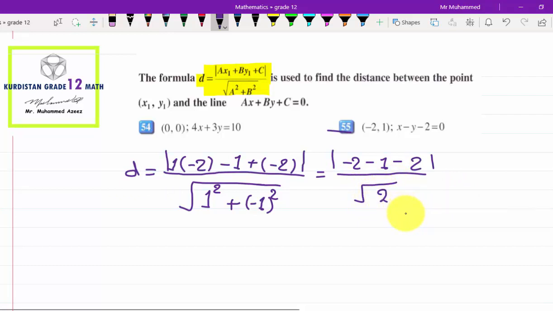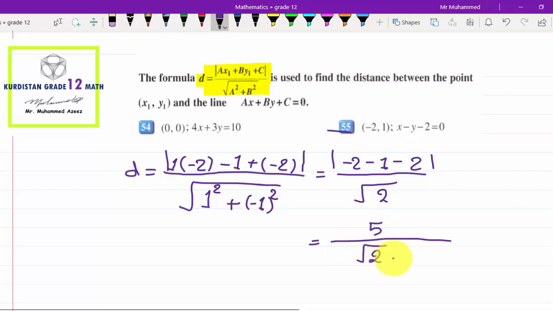The square root of 2. Then it's equal to -2 minus 1 is -3, minus 2 will be -5. In the absolute value, it will be 5 over the square root of 2.